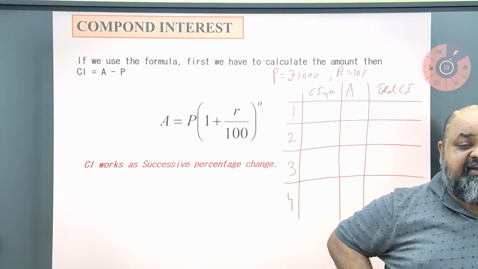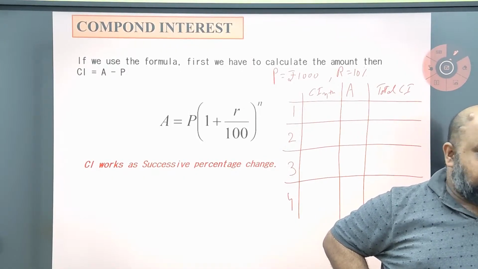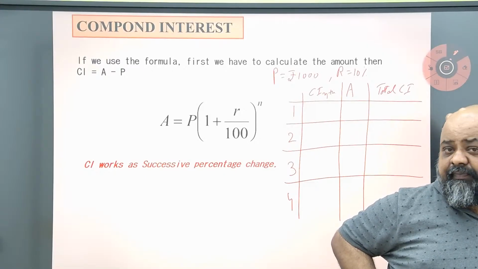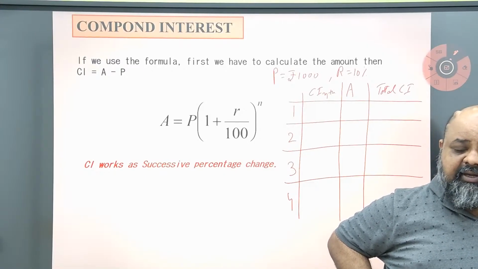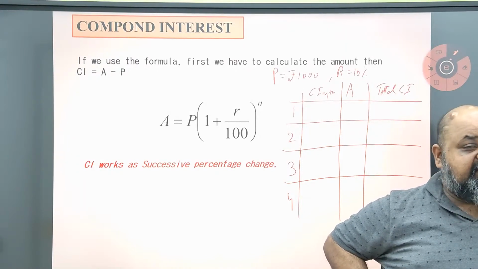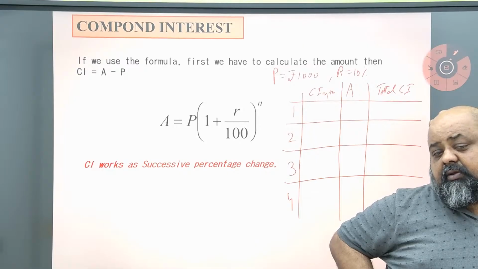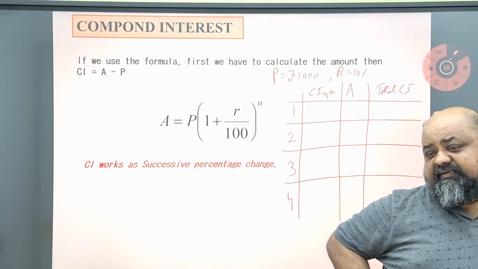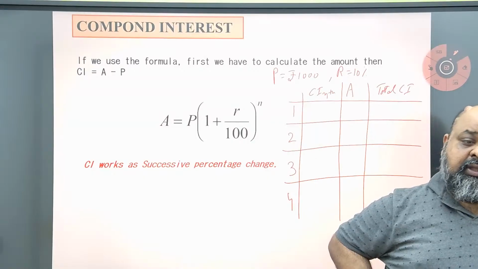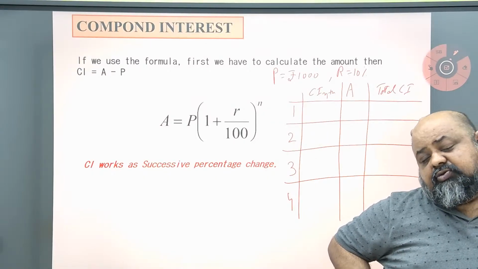Once we do that, we might see some patterns which we can use to solve questions. So if you will just take a minute and try to fill this table. So the first column that is to be filled is compound interest for that specific year. So compound interest for the first year alone, compound interest for the second year alone, compound interest for the third year alone, and so on.